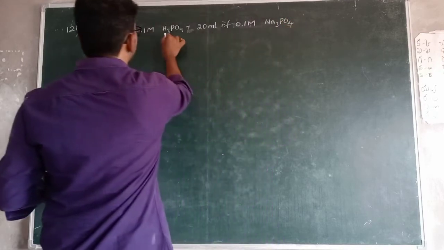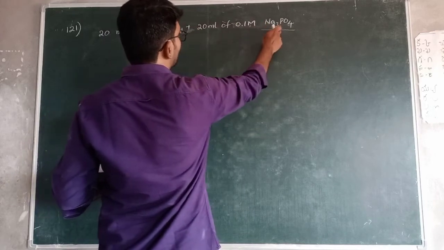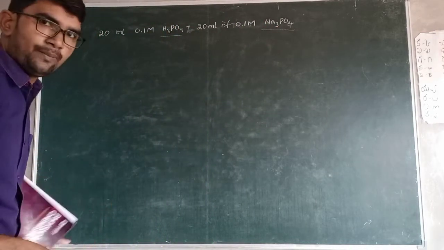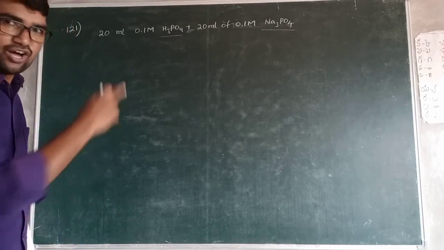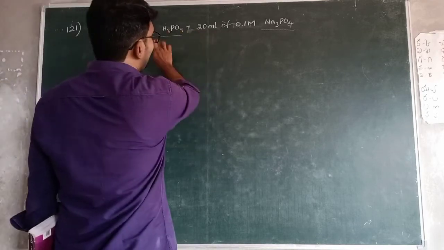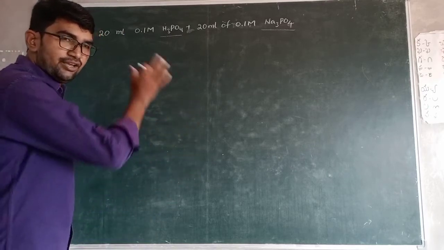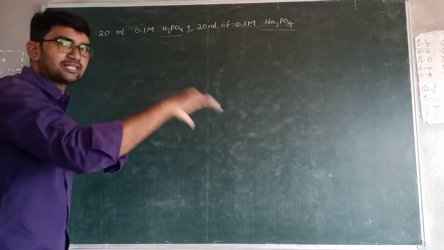We expected this is the acid and this is the salt, but it does not give the salt directly for this one, because 3 moles of NaOH is required for the formation of that salt. But here these two are mixed. In this reaction, it is not formed directly. If these two solutions are mixed together, then what is the pH of the solution?